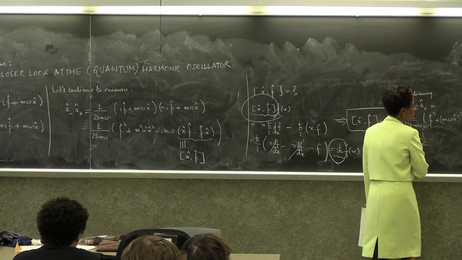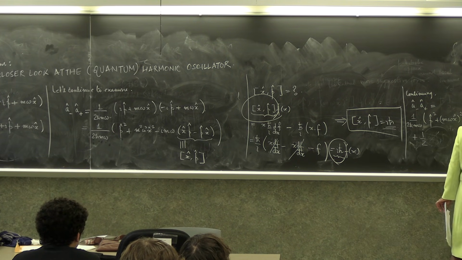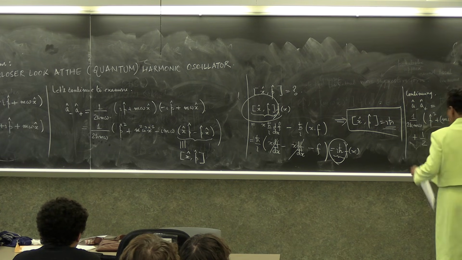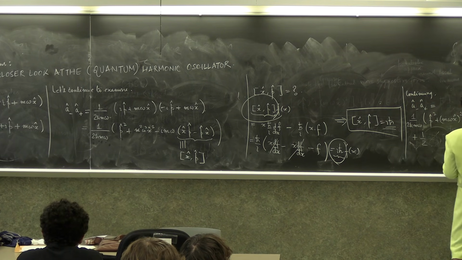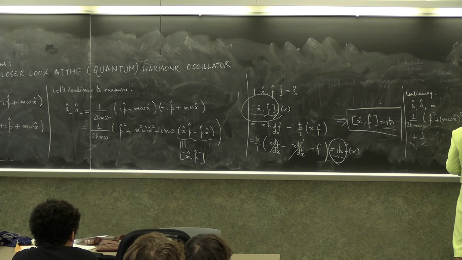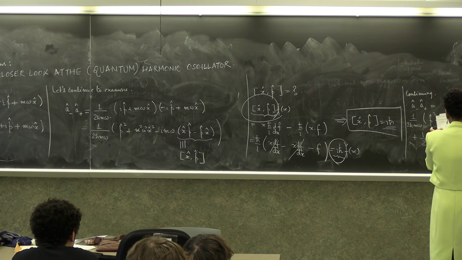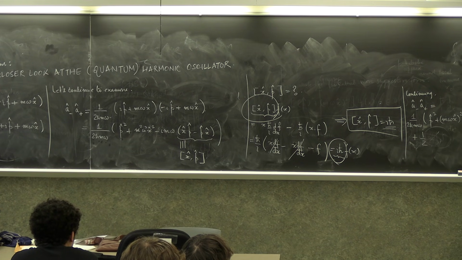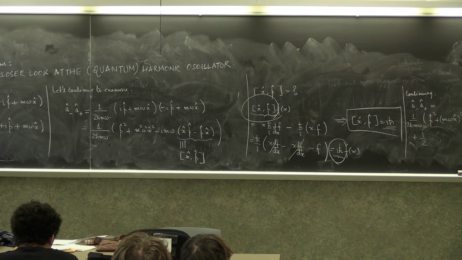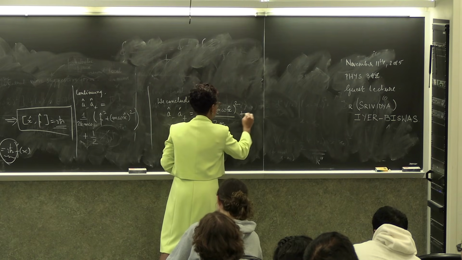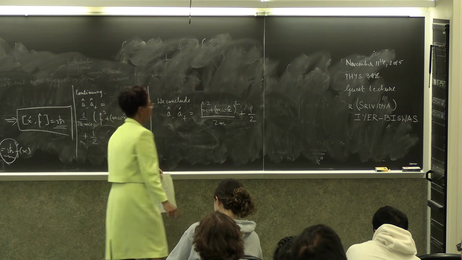So we conclude: a minus a plus, which is what we started out with, is (p squared plus (m omega x) squared) divided by 2m plus half.